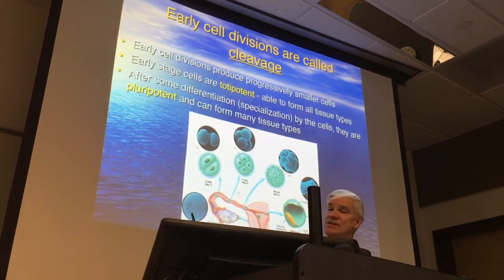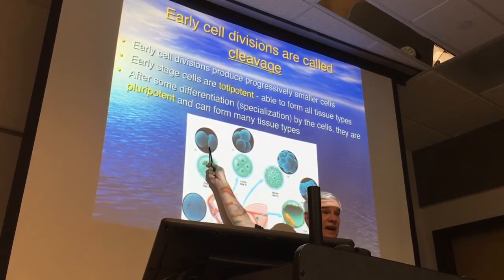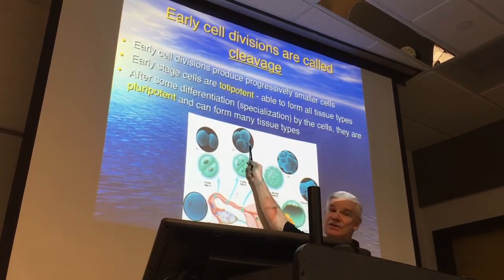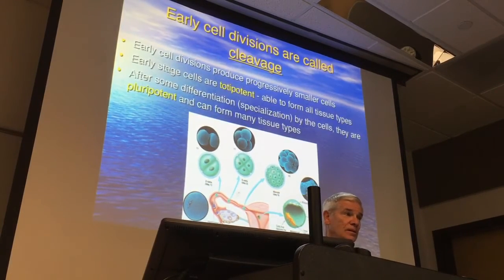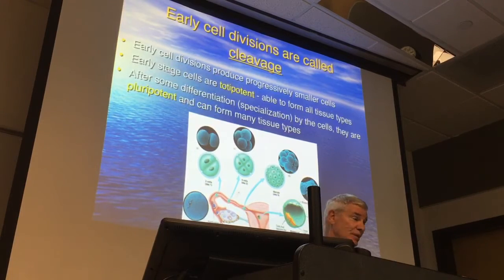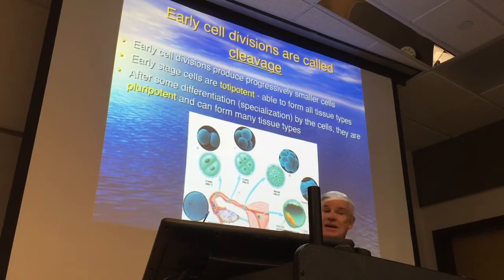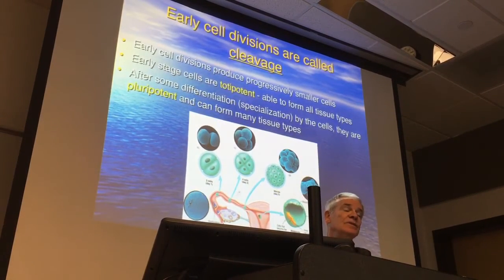We have a cell that divides into two cells, and they don't increase in size. They divide to 4 cells. So we have progressively smaller cells. They do increase slightly in size, but they can't double. There's not enough nutrients available to double the size before dividing. The ovum, the secondary oocyte, is large enough that you can see it with your naked eye.